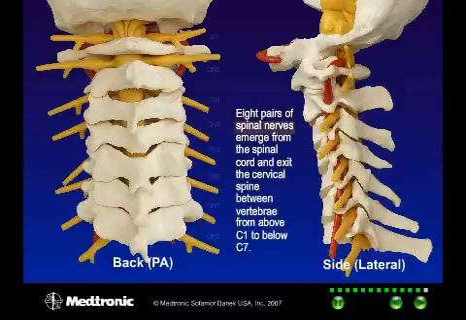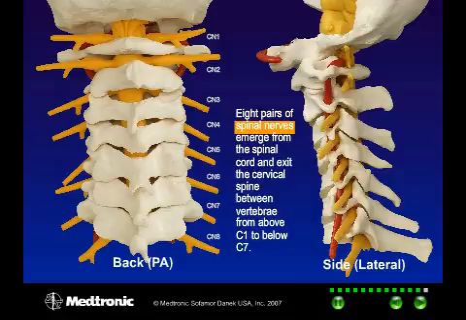Eight pairs of spinal nerves emerge from the spinal cord and exit the cervical spine between vertebrae from above C1 to below C7. These nerves go out to the arms and hands.